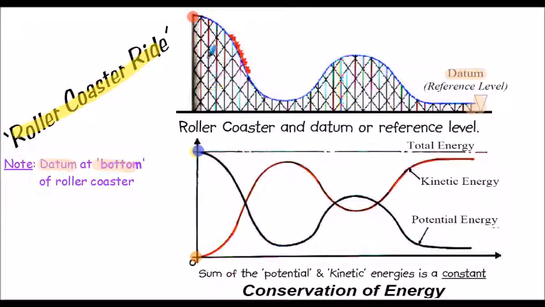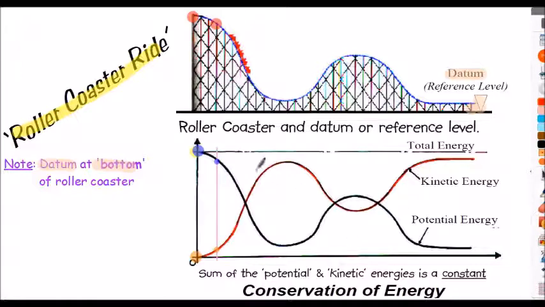However, as the roller coaster starts to move from the height of the roller coaster ride down the roller coaster's track, consider say at this position here, there will be a reduction in the potential energy. So the potential energy reduced to this value here. Of course, because we're now moving at some velocity, the kinetic energy will be increasing to some value here.